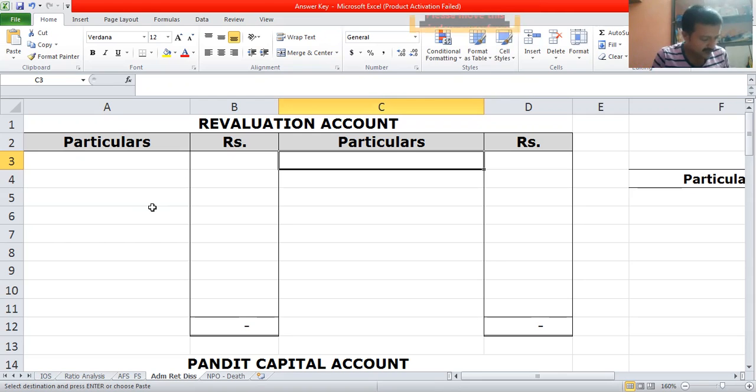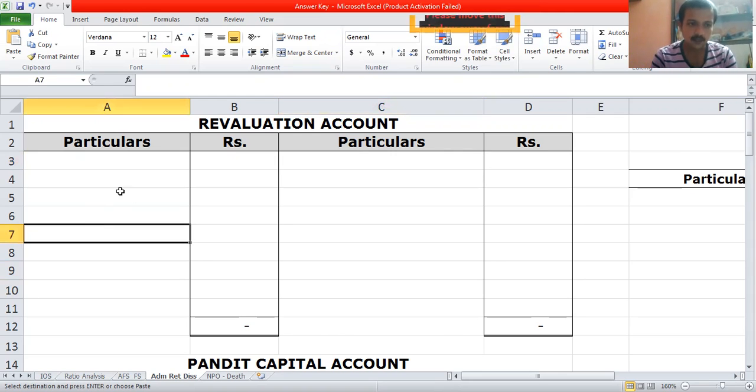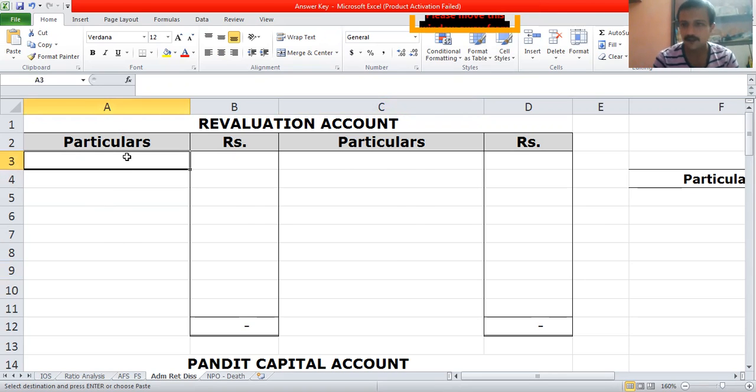So with the adjustments, we will start with the revaluation account. I hope you understand how to prepare a revaluation account, but still I will try to clarify. First, we go to adjustment number C. Revaluation account is an account which records the increase or decrease in the value of assets when they are revalued.